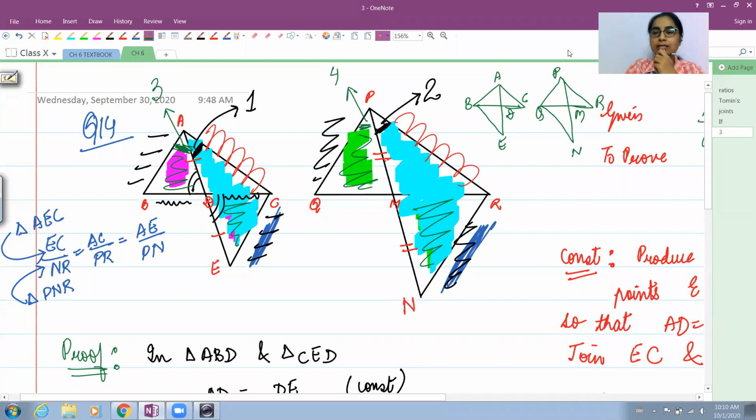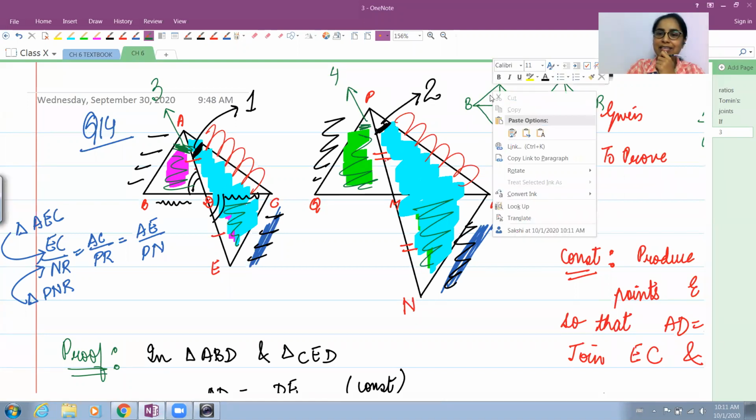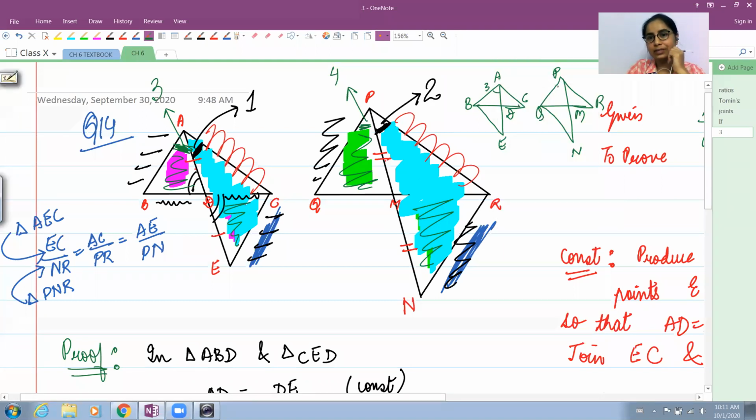So if I had done the construction this way, I would have proved it. That's correct. If I have proved angle 1 equals angle 2, the same way I could have taken the construction on the other side and proved that angle number 3 is equal to angle number 4.